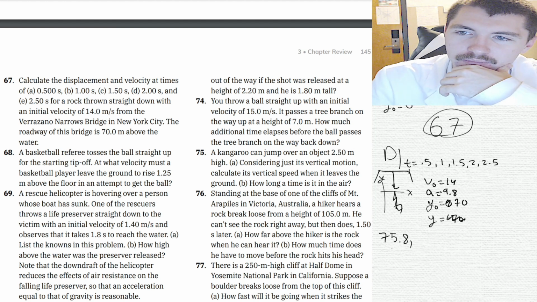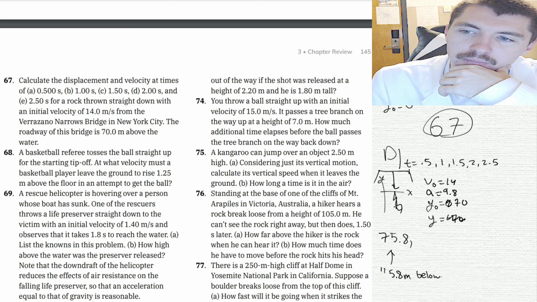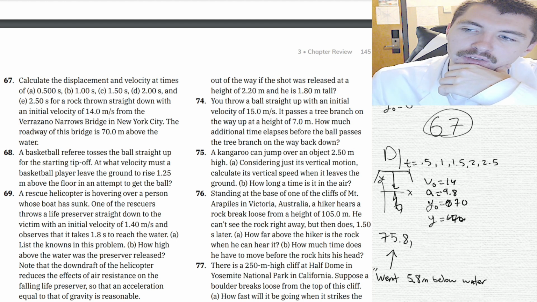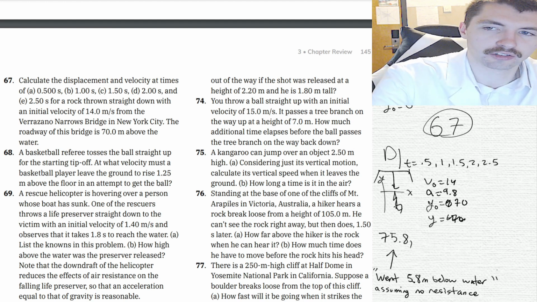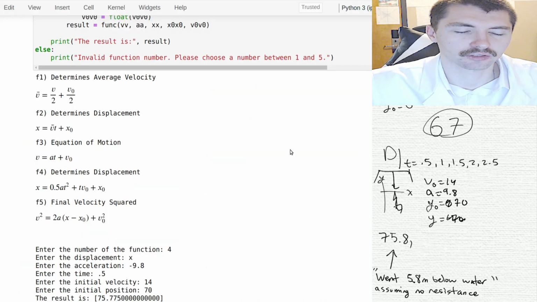It went 5.8 meters below water, and we're assuming there's no resistance. Okay, so I think that's what this is saying if you're putting it in English.